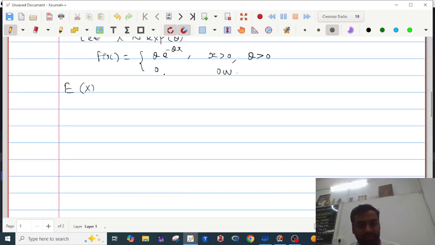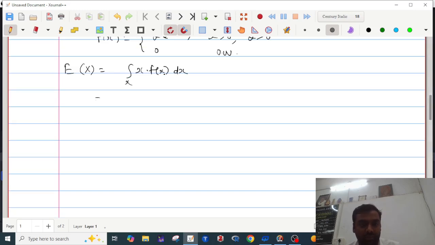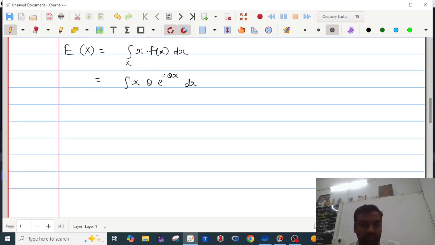Expectation of x is equal to the integration of x into f(x) dx over the range of x. Put the value of the PDF here: theta into e raised to minus theta x dx. Take this constant theta outside. The range of x is from 0 to infinity, so we have the integral of x into e raised to minus theta x.